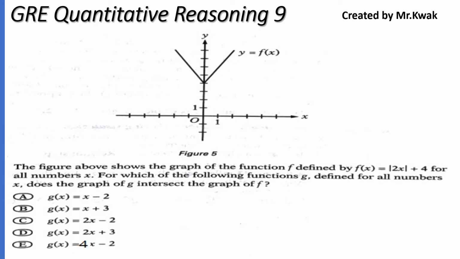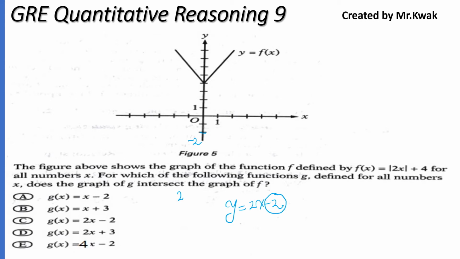Then let's move on to choice C. g(x) equals 2x minus 2. Slope is 2. The y-intercept could be minus 2 because of this part.